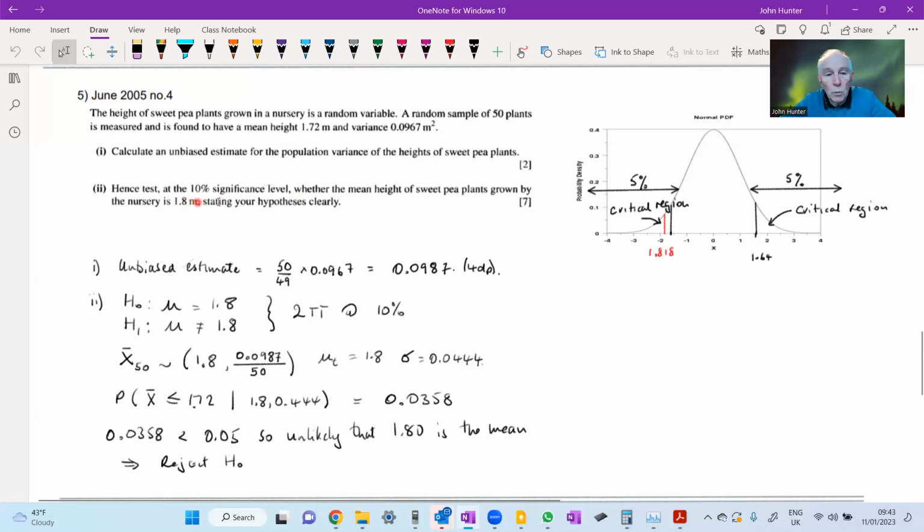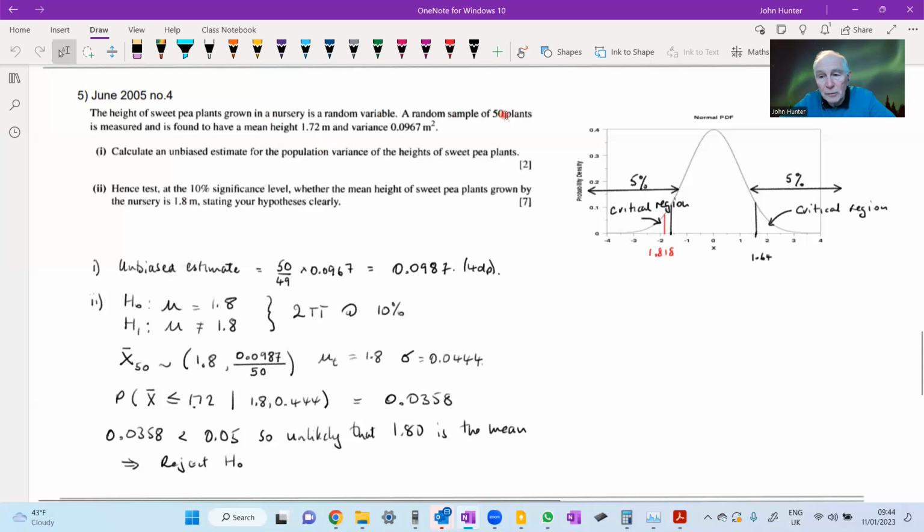But we're not told what the variance or standard deviation is that goes with this null hypothesis. Now, we can get around that if we take a sample and use that sample to estimate the variance. And that is exactly what this has done here.